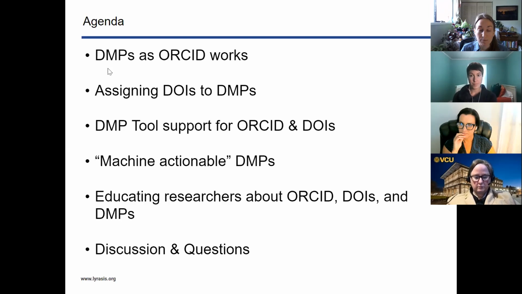And we'll hear about the DMP Tool and support for ORCID and DOIs in the DMP Tool. We'll talk about machine actionable data management plans and also touch on educating researchers about ORCID, DOIs, and data management plans. And we're planning to have time for discussion and questions towards the end.